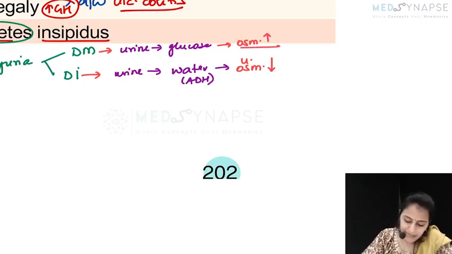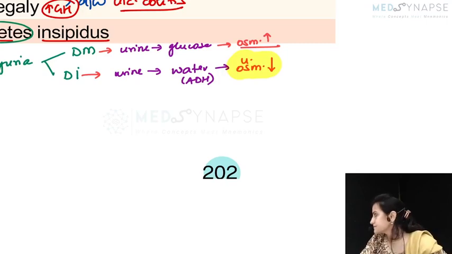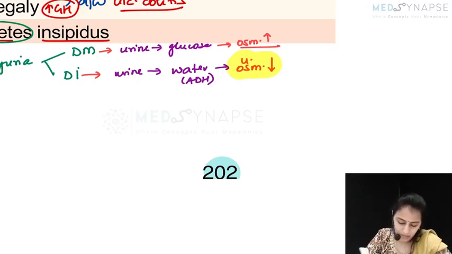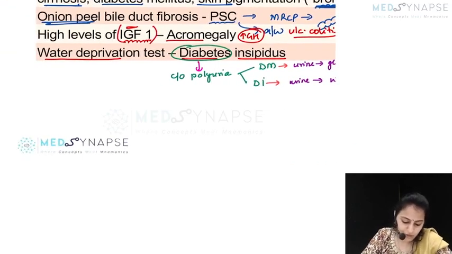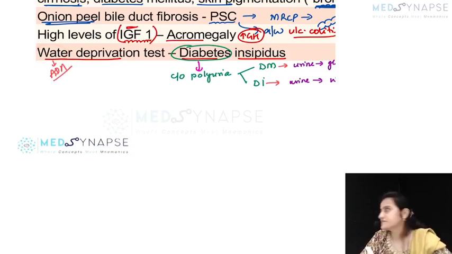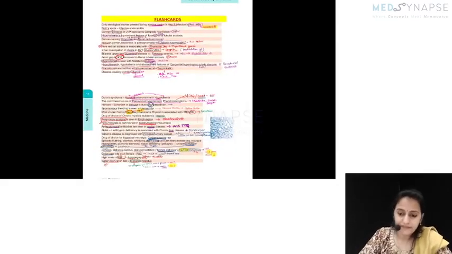So remember that diabetes insipidus is low urine osmolality. So you do this water deprivation test for the water hormone, that is the ADH condition, which is diabetes insipidus. Okay, that's diabetes insipidus.